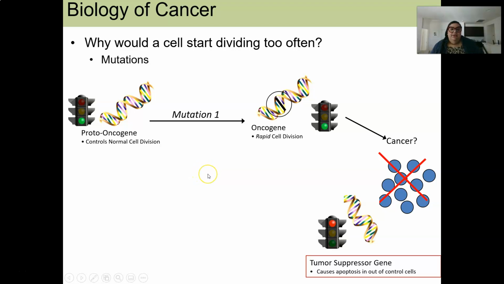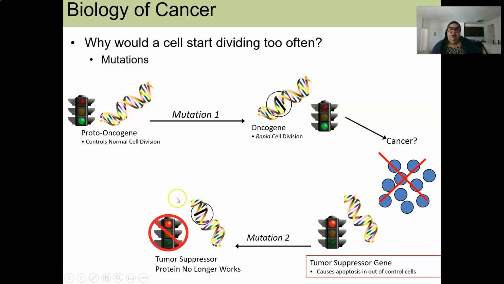Maybe there's a lot more smoking going on, and the cell gets a mutation in this tumor suppressor gene. Here's your mutation number 2. The tumor suppressor gene then no longer works. So then you get cancer. So your green light is now turned on and your red light no longer works.